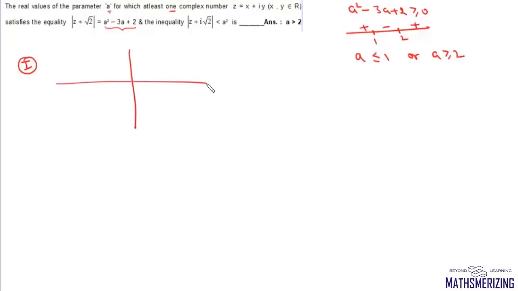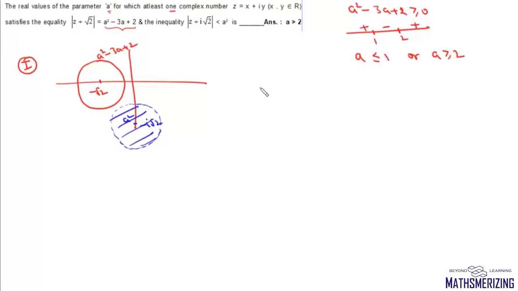Case one is when this circle whose center is at minus root 2 and radius a square minus 3a plus 2, and this inequality, which is points inside this circle with center at minus iota root 2 and radius a square, do not have any point in common, and the condition for this will be C1C2 should be greater than or equal to R1 plus R2.